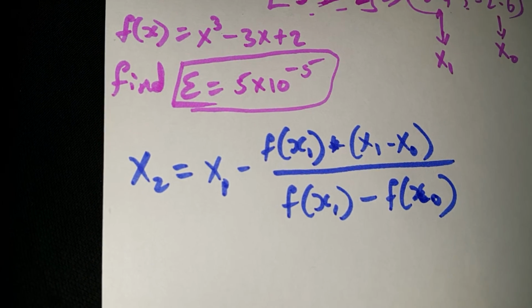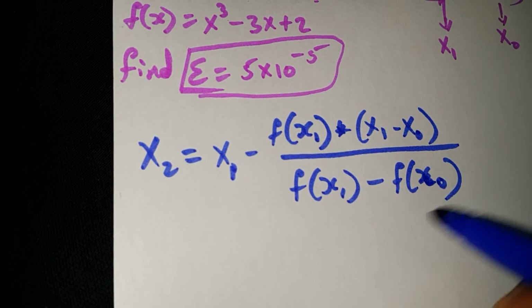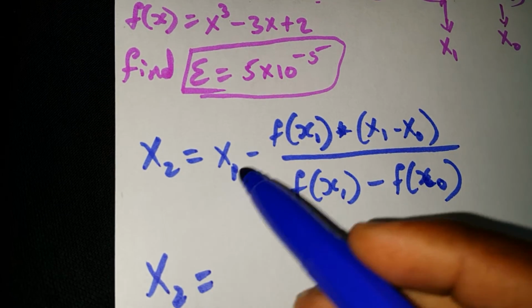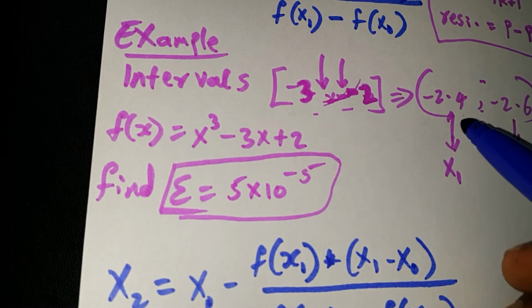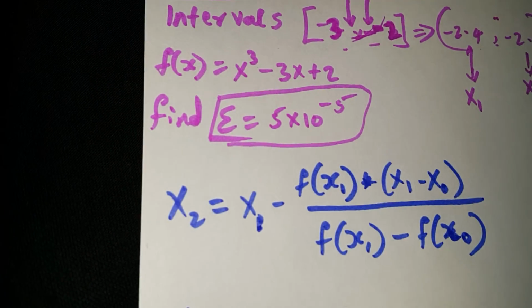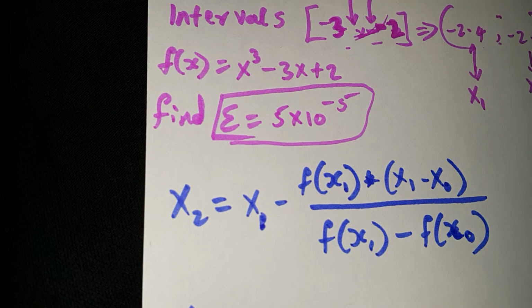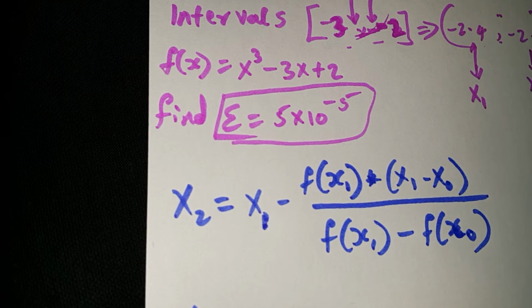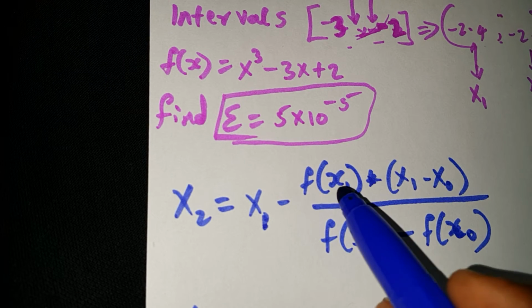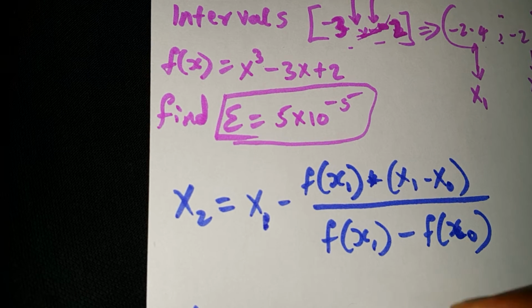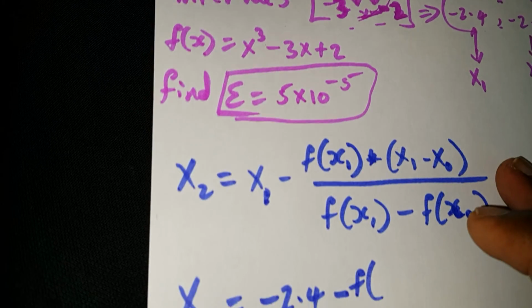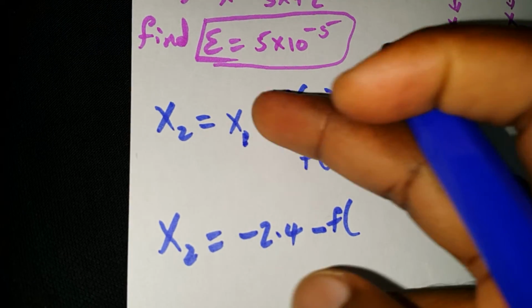Okay, so now the next thing to do is to put in the values. We are looking for x2. We know our x1. What is our x1? Our x1 here is minus 2.4. So here we have minus 2.4 minus f of x1. From here I am bringing this down.